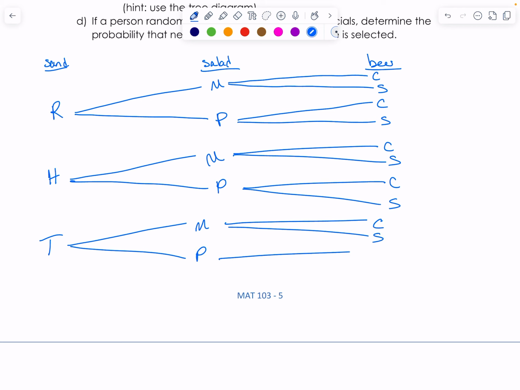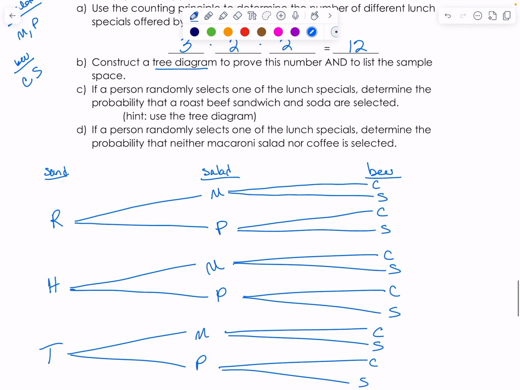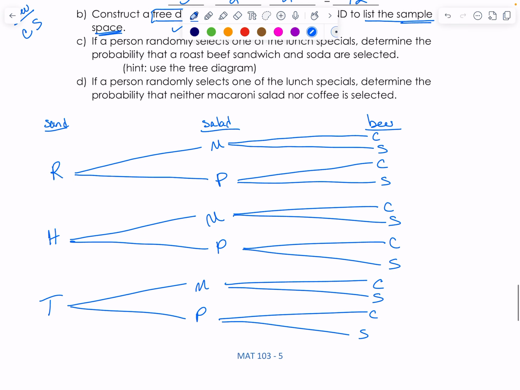All right, so we made our tree diagram. And then list the sample space. So basically you're going to follow one branch all the way to the end. So this guy, I'll just highlight it.